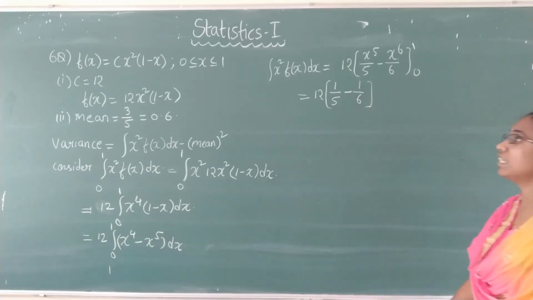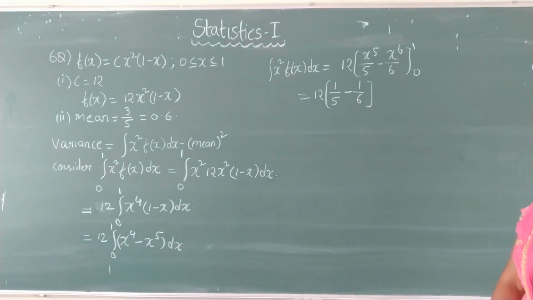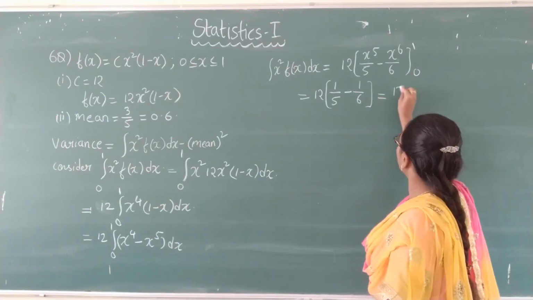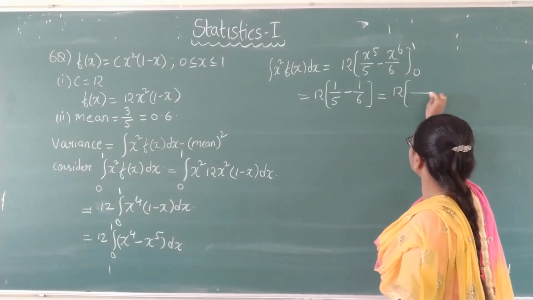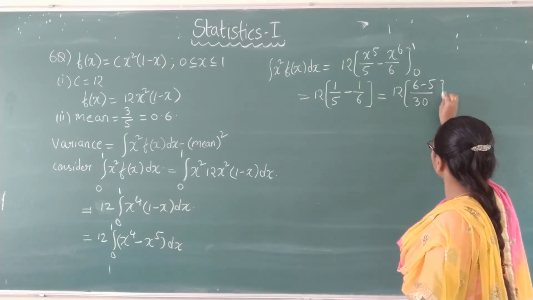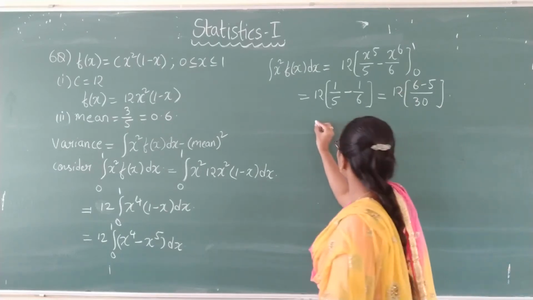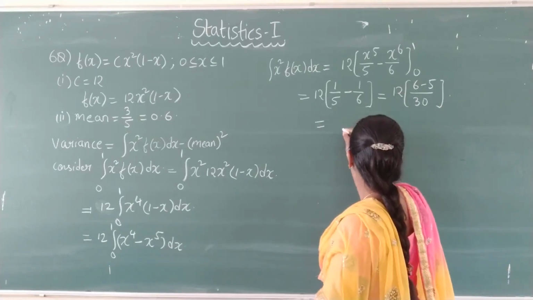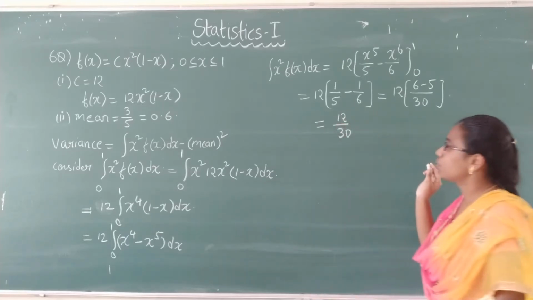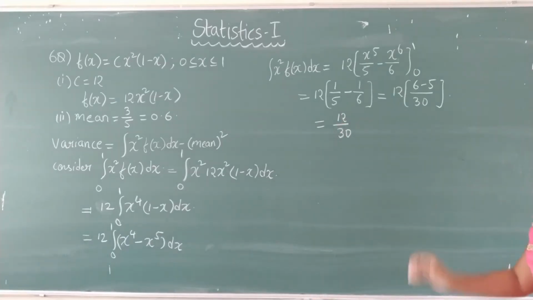Now consider the LCM. What is the LCM? LCM is 30. So 12 into, with LCM 30, we get 6 minus 5. So this value equals 12 by 30. 12 by 30 is nothing but 0.4.